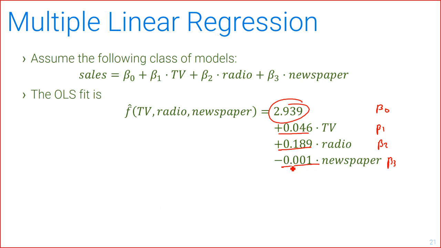And the question is, does this make any sense? Probably not, if you know about this domain. So what is the problem here? Does advertising on newspaper have a negative effect on the sales? Of course not.